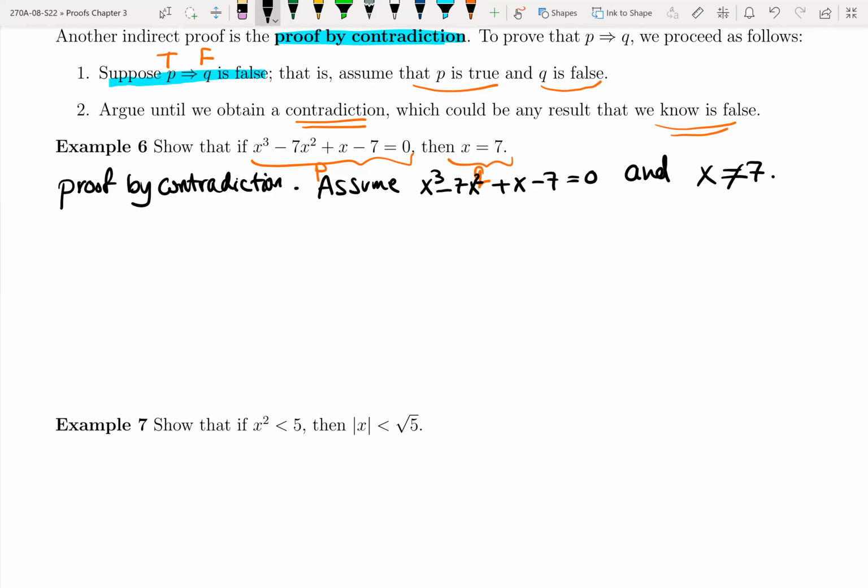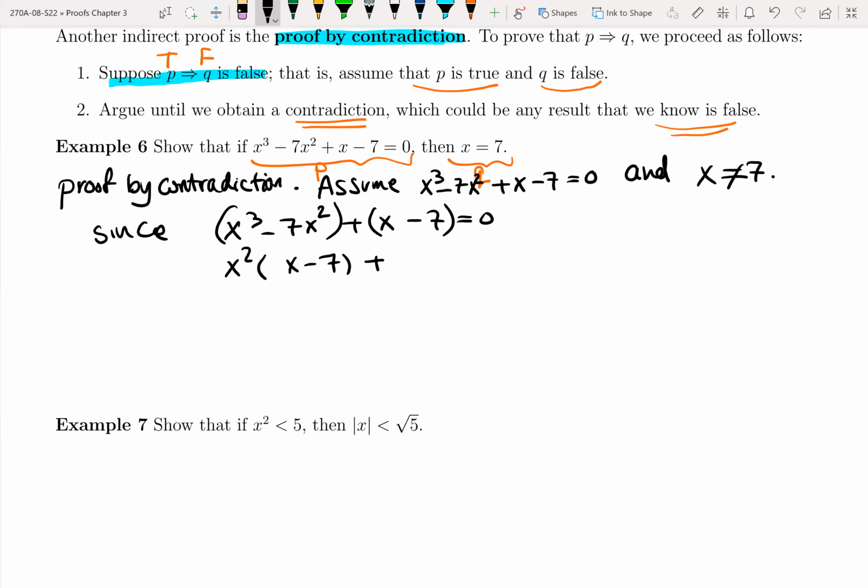So let's see what's the contradiction, okay? Since you have x cubed minus 7x squared plus x minus 7 equals 0, you make this grouping and then you factor x squared out. So you have x squared times (x minus 7) plus (x minus 7). So you factor the x minus 7 out, and you have (x squared plus 1)(x minus 7) equals 0, okay?